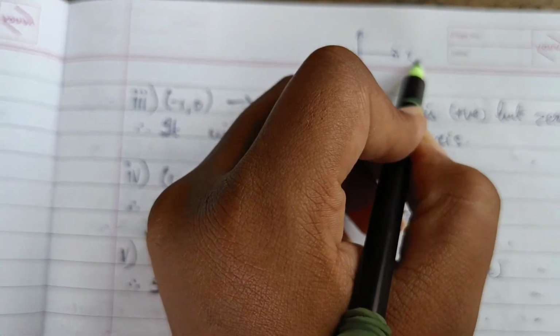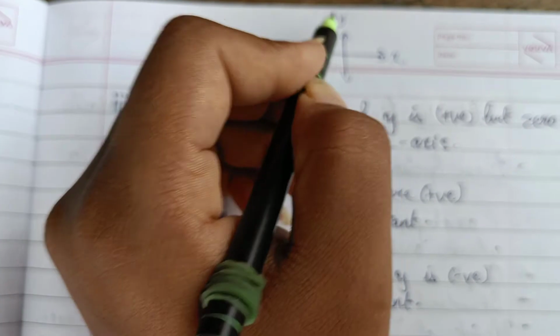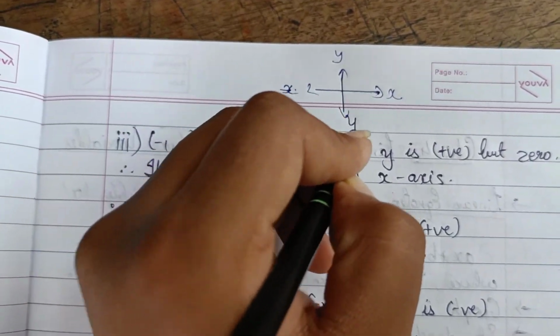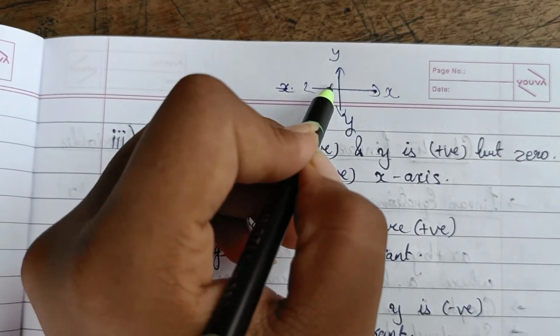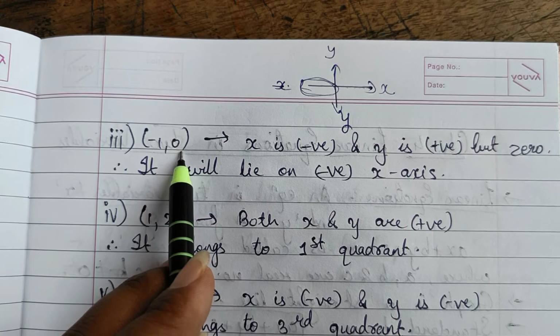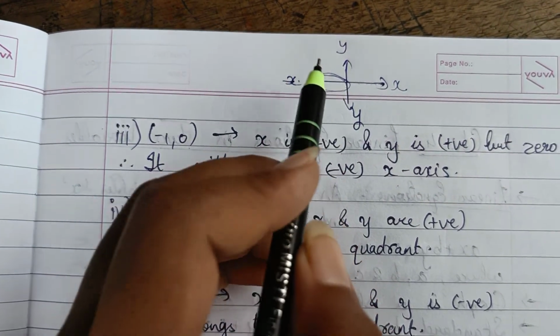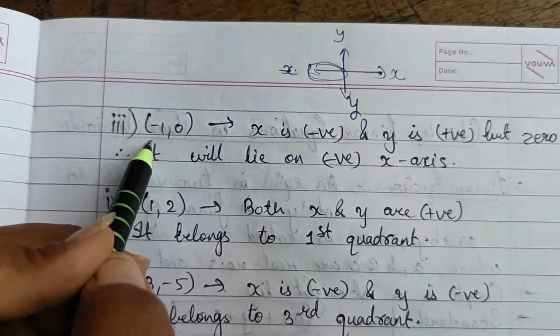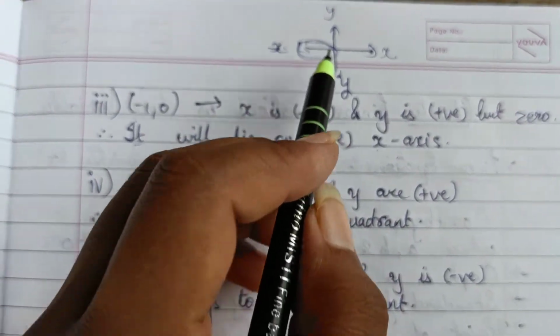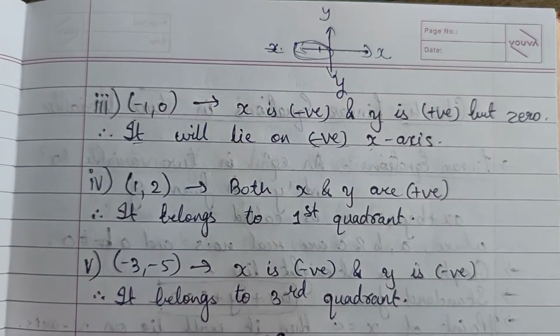This is positive x, this is positive y, this is negative x, and this is negative y. So here you will have this -1 and this y is 0, so you don't have to plot for y, only you have to plot for this -1. So it will lie on negative x-axis. Here somewhere your point will be on negative x-axis.